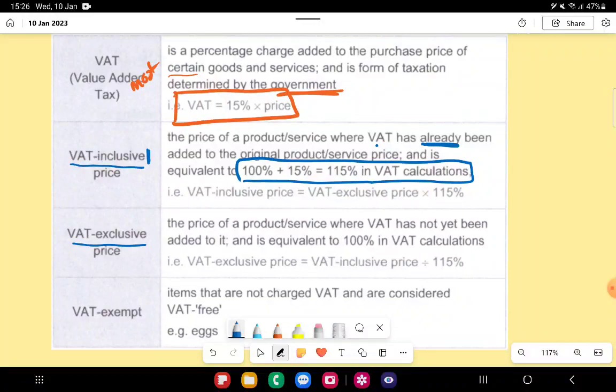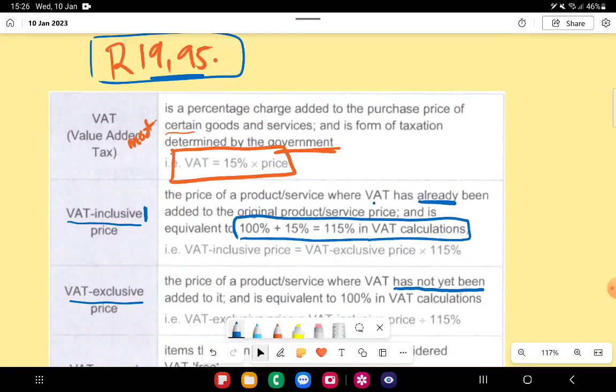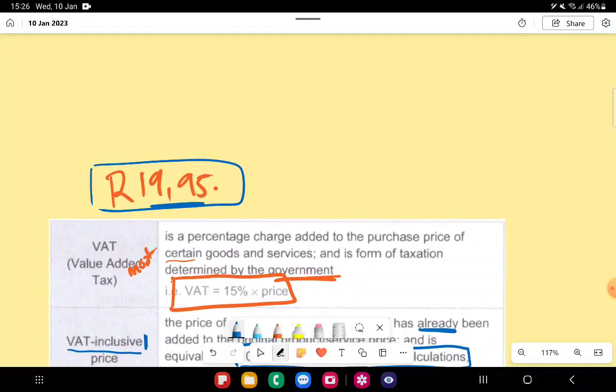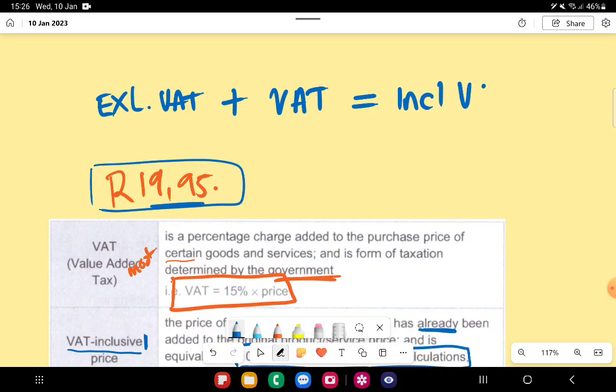What is VAT exclusive? If inclusive means that VAT is in, then exclusive means that VAT has not been applied. It's the amount without VAT. So under normal circumstances, you have your price excluding VAT plus the VAT, and that gives you the total including VAT.